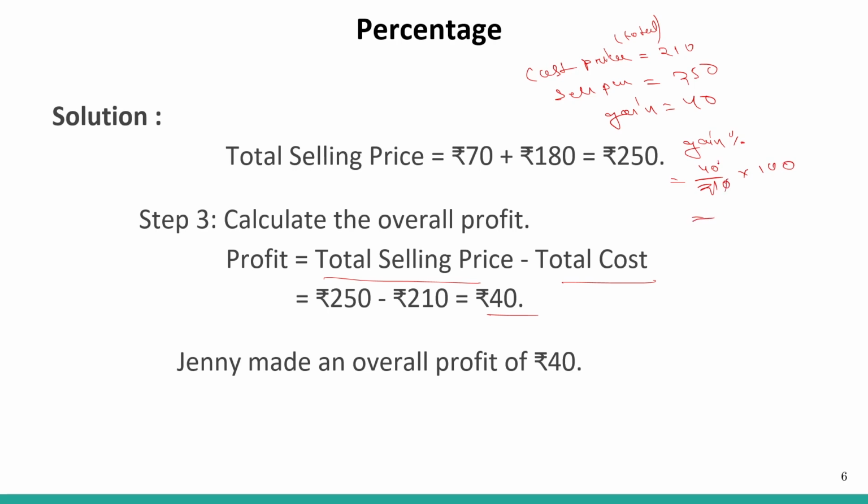Since it will be 4 by 21 into 100, that is 400 by 21%. This will be approximately equal to 19%, which will be the gain percentage. And the overall profit will be 40 rupees.